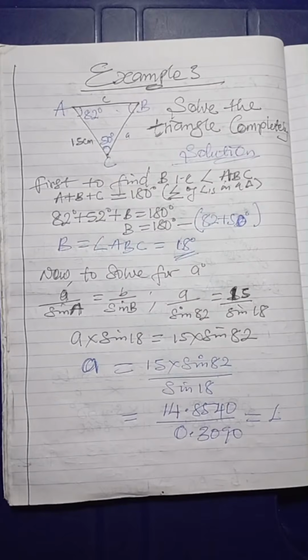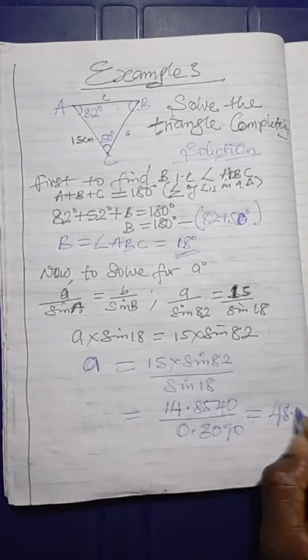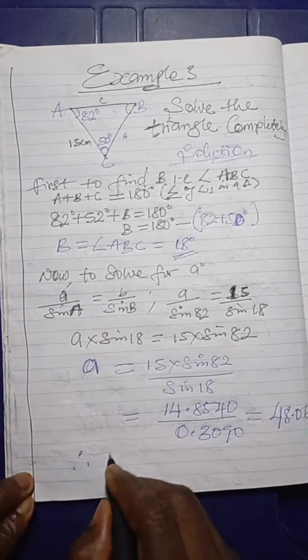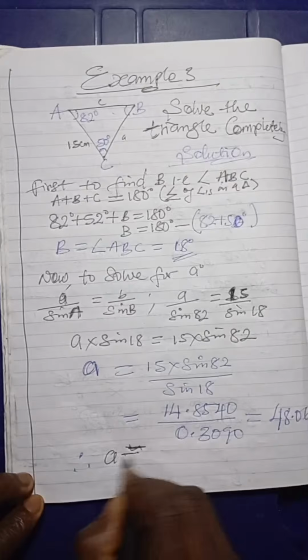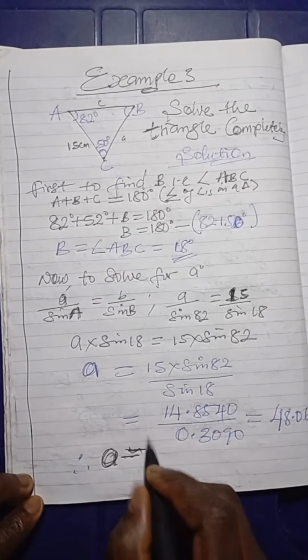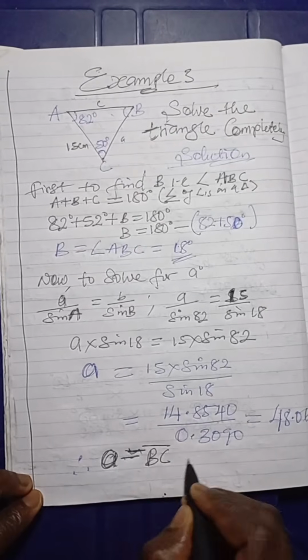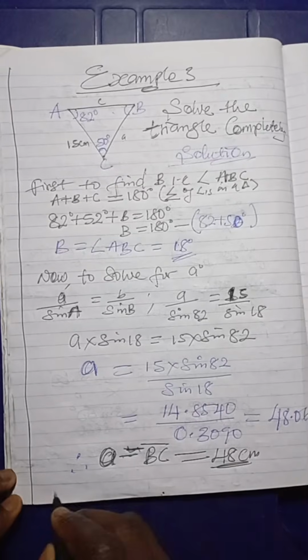Good. 15 sine 82 divided by sine 48. So we have approximately 19.98. Therefore a, which is the same as line BC, is approximately 20 cm.